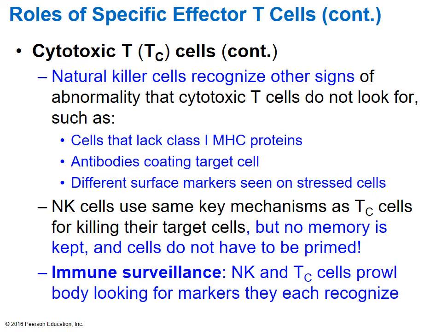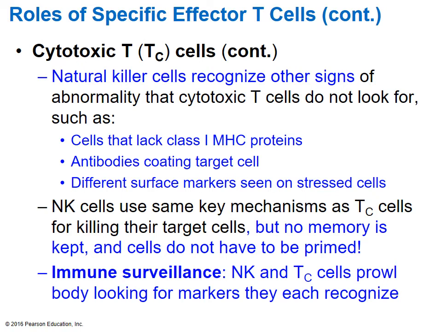So on the slide right here, it says cytotoxic T cells and killer T cells will have the same mechanism of killing, but there are some differences, including the fact that natural killer cells will recognize other signs. They will look, for instance, for cells that do not have a class 1 MHC protein complex.